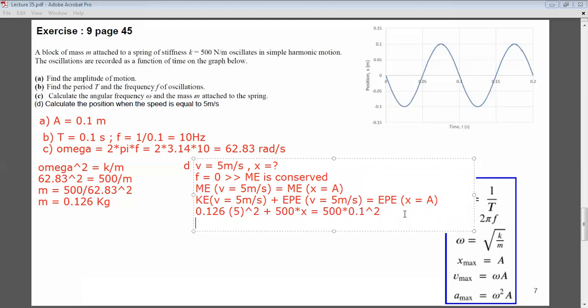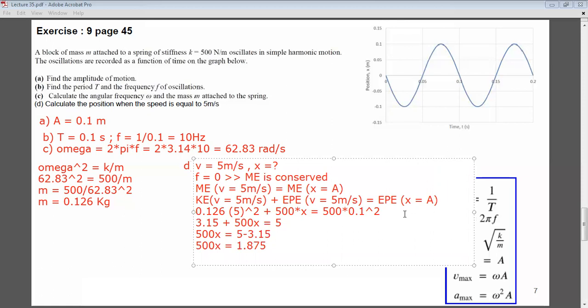We have 0.126 times 5 squared, which is 3.15, plus 500x equal to 500 times 0.1 squared, which is 5. So 500x equals 5 minus 3.15, which is 1.875. Wait, it should be x squared here, since this is EPE.